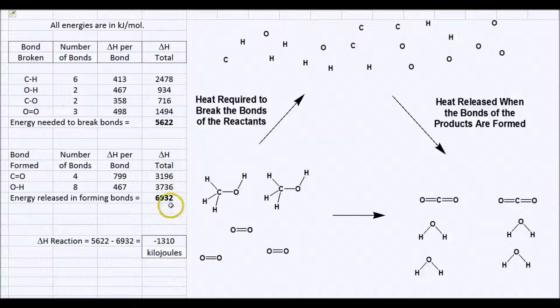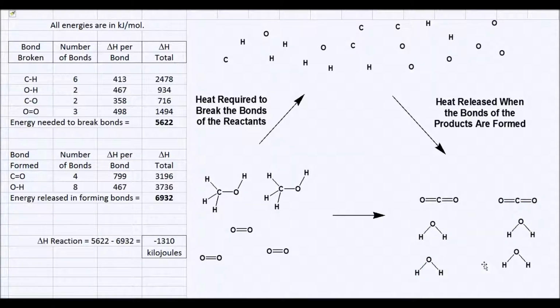If we take how much it requires to break the bonds minus how much you get back, you get negative 1,310. The negative simply means that energy is released. 1,310 kilojoules of energy are released when 2 moles of methanol in the gas phase and 3 moles of oxygen react to form 2 moles of carbon dioxide and 4 moles of water.